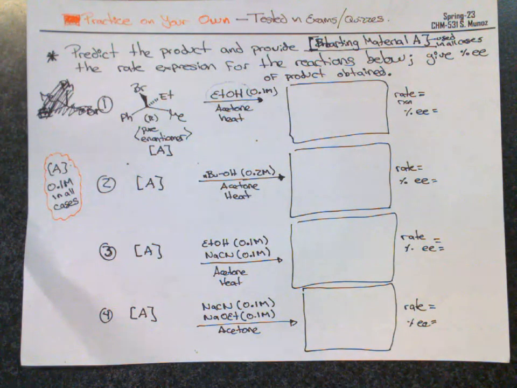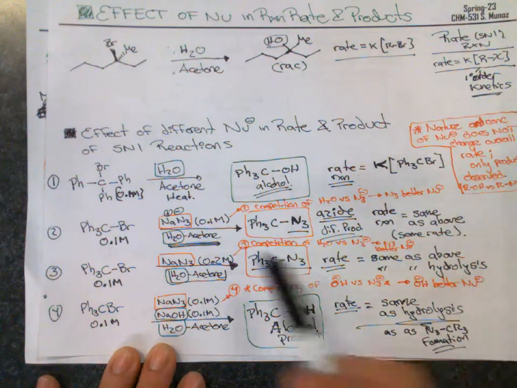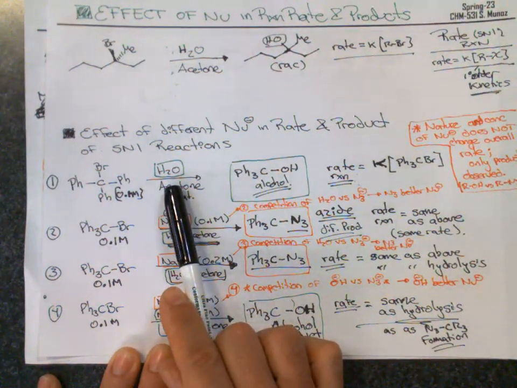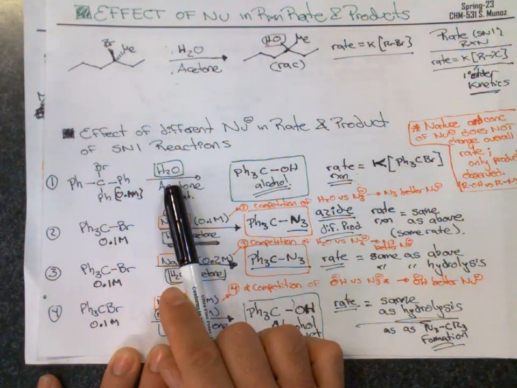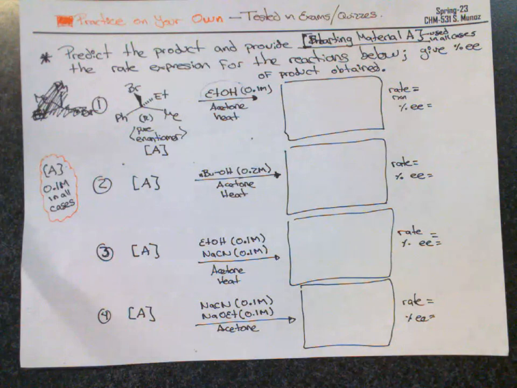In the previous lecture, we were discussing a solvolysis reaction, in which you have water as the nucleophile. You get an alcohol. But now we don't have water, we have ethanol. This is the pattern recognition. What is the product here?